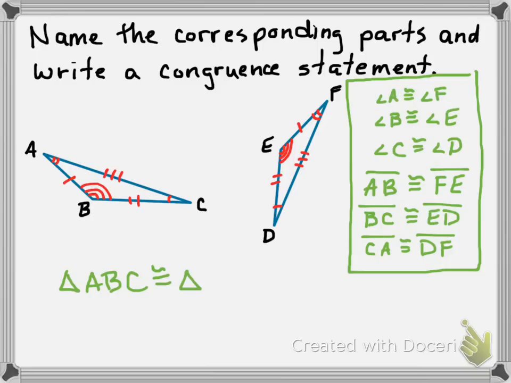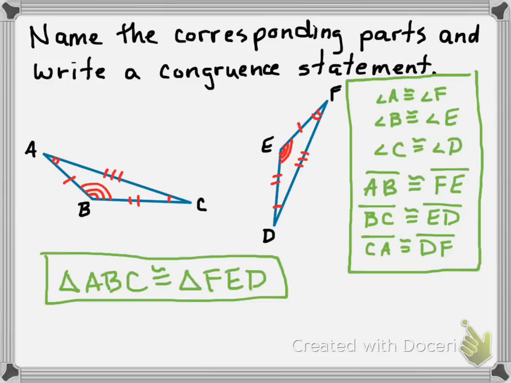So it's triangle F, and then which angle matches B? So E, and then which angle matches C? So D. So my congruent statement is triangle ABC is congruent to triangle FED. Okay, this is what you're going to have to do with these problems. Identify all the corresponding parts and write a congruent statement.